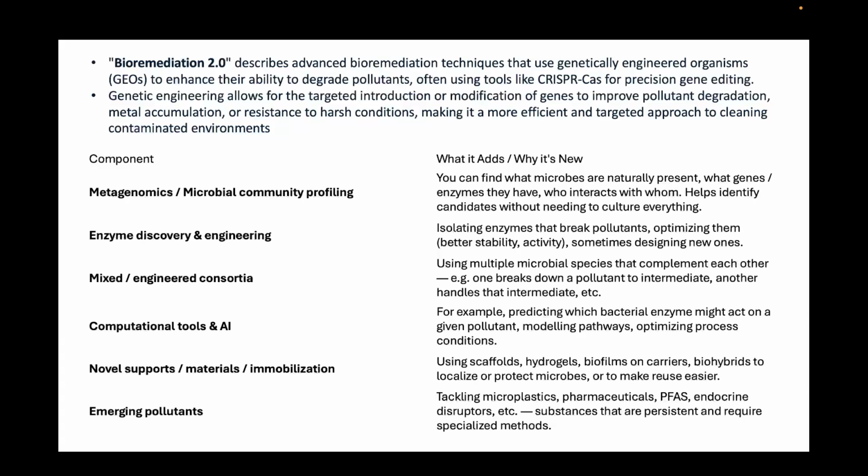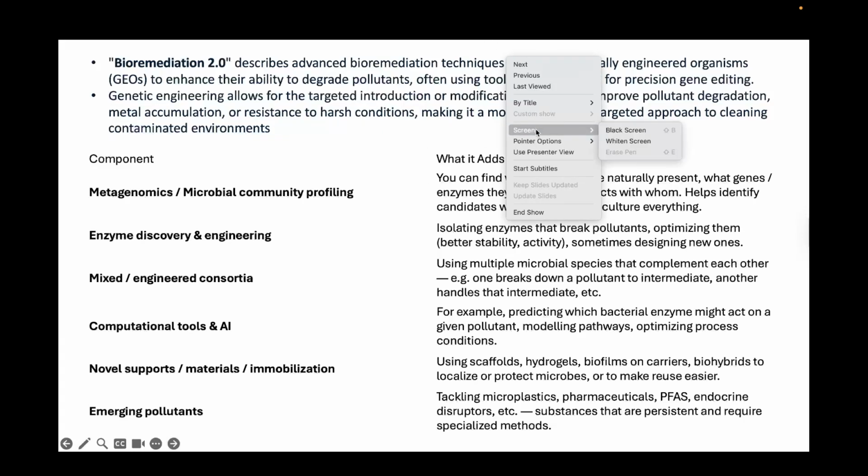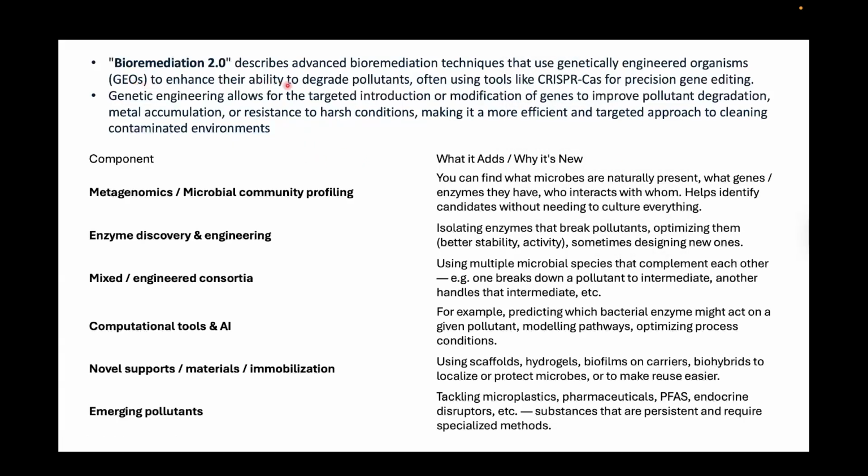So, this describes advanced bioremediation techniques that use genetically engineered organisms to enhance their ability to degrade pollutants, often using tools like CRISPR-Cas9 for precision gene editing. It's like engineering your own microbes to gain enzymes that can degrade pollutants better or remove contaminants.